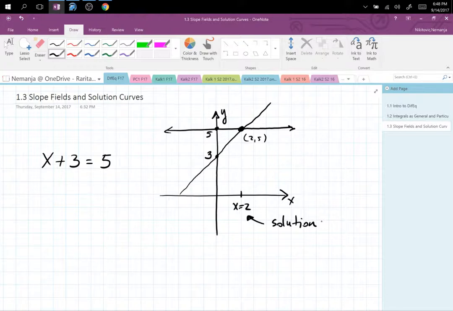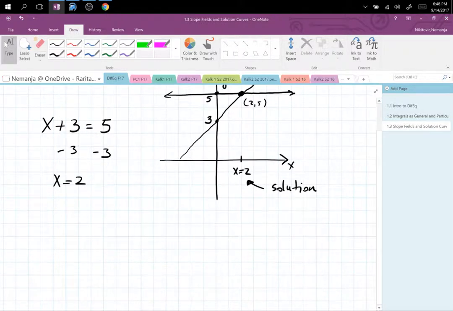So now, what is this business of minus 3 on both sides? How do you represent that graphically? What happens when I subtract 3 on both sides? I immediately get x equals 2. But look at the graph of x equals 2.